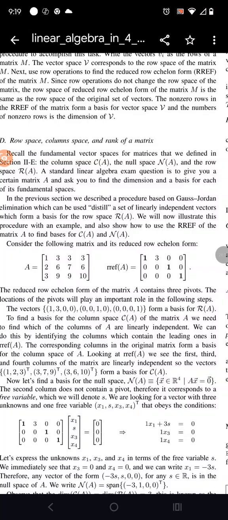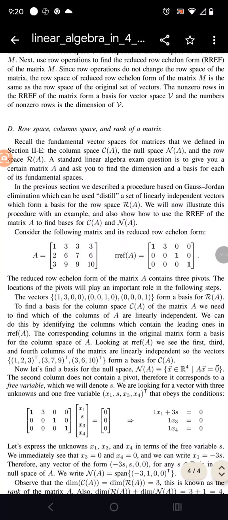So the 3 row vectors, (1 3 0 0), (0 0 1 0) and (0 0 0 1), form a basis for the row space of A.